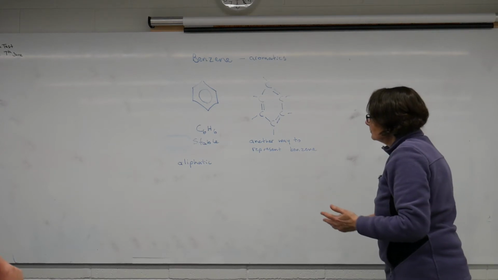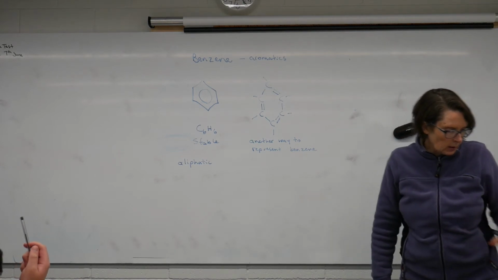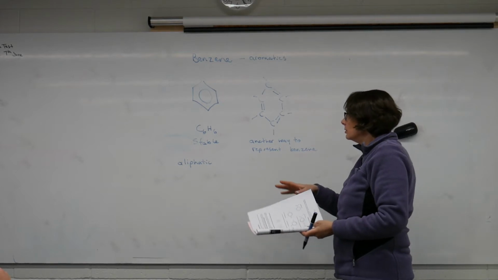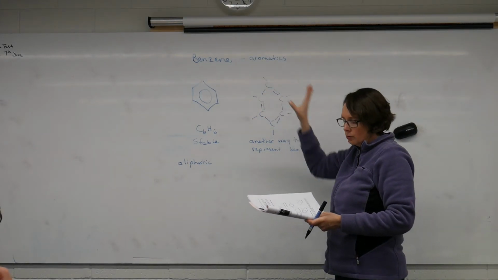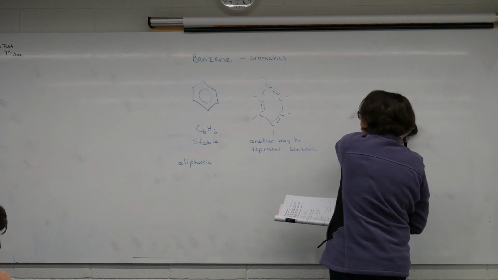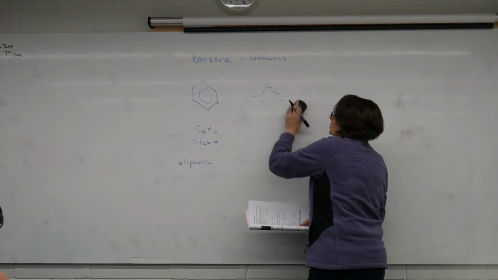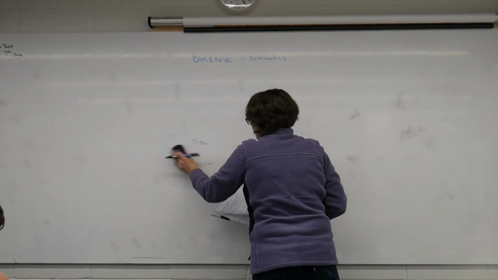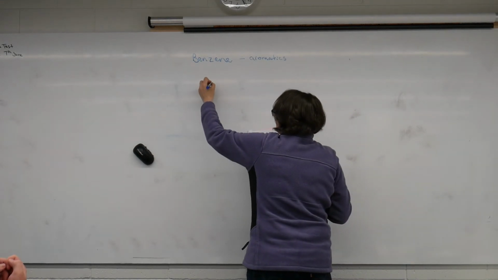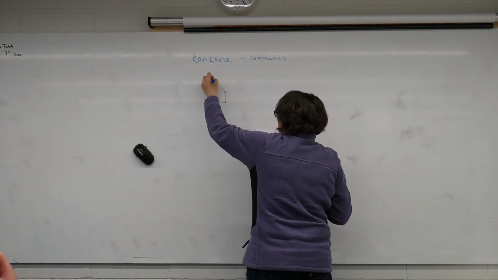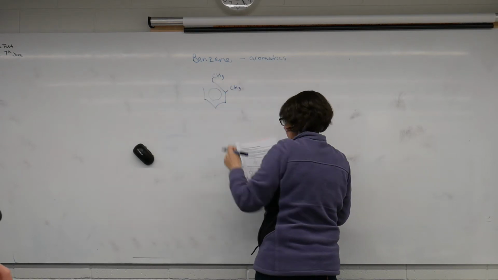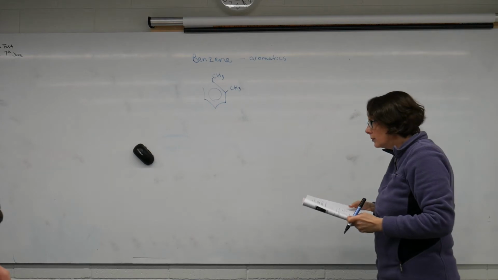Now, when you're naming them, which is what we're interested in here, we're just going to use benzene on the end, and we don't look at many varieties of our aromatics. We just have a few in here, and so something like this is very straightforward.